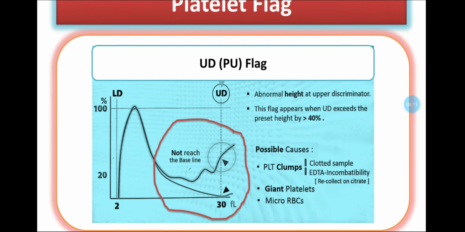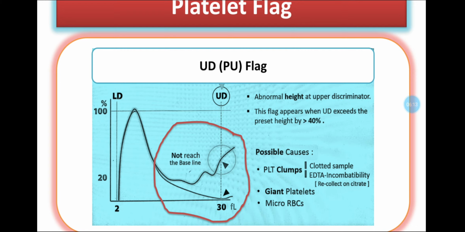The second flag is the UD flag or PU flag. UD is the upper discriminator, and PU means the platelet upper discriminator is abnormal. Here in the platelet curve, you can see the curve is not touching the baseline. It is not coming down.